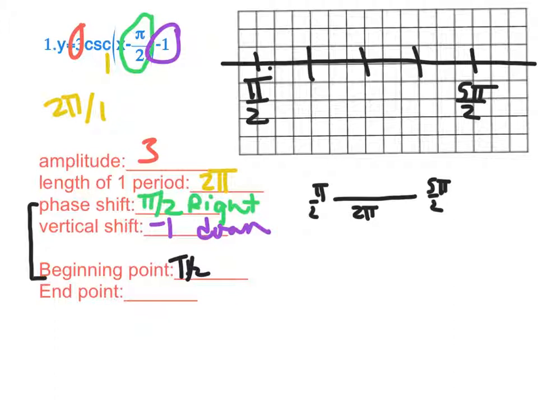If I average, 1 plus 5 is 6, 6 divided by 2 is 3. That's 3 pi over 2 in the middle, which means this one in the middle of 3 and 5 is 4. 4 pi over 2 is 2 pi. Halfway in between pi and 3 pi over 2 is 2 pi over 2, which is just pi.